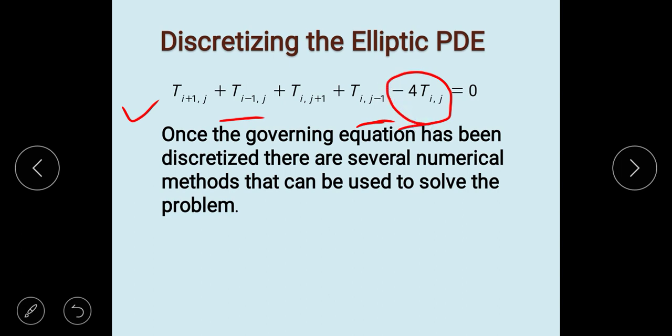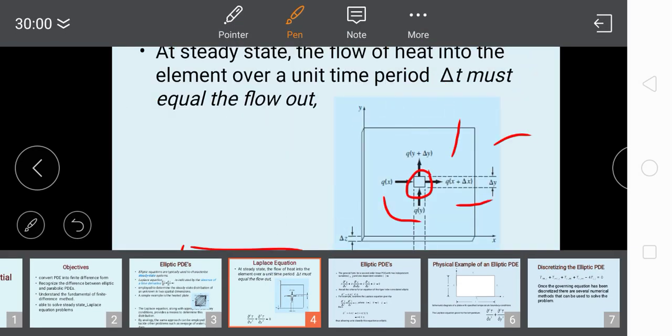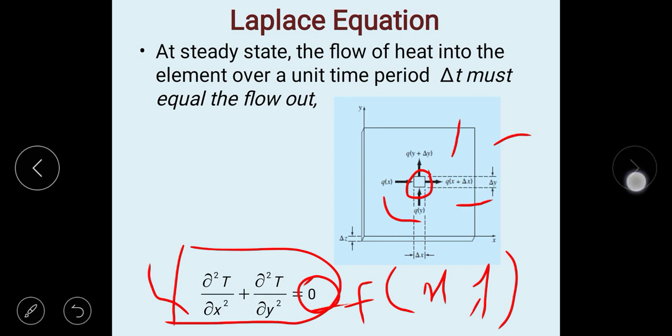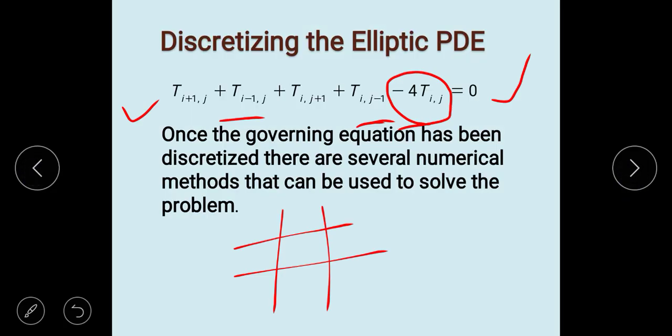Once the governing equation has been discretized, there are several numerical methods that can be used to solve the problem. For example, if you are finding 4 temperatures under 4 nodes, 1, 2, 3 and 4, you will get 4 equations, and from that you will get a 4 by 4 matrix.